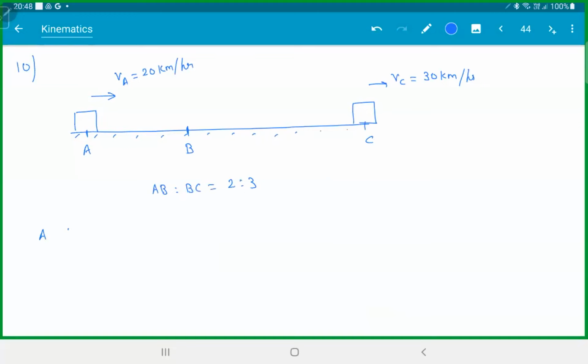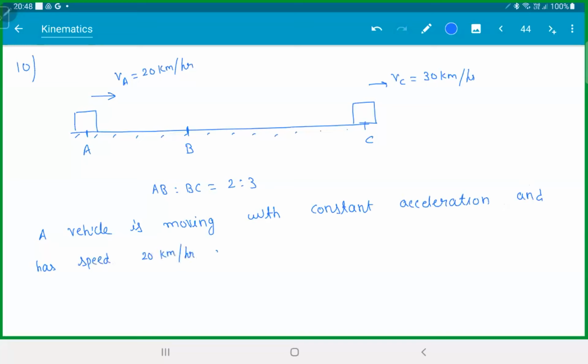So a vehicle is moving with constant acceleration from A to C. Find the speed at B.